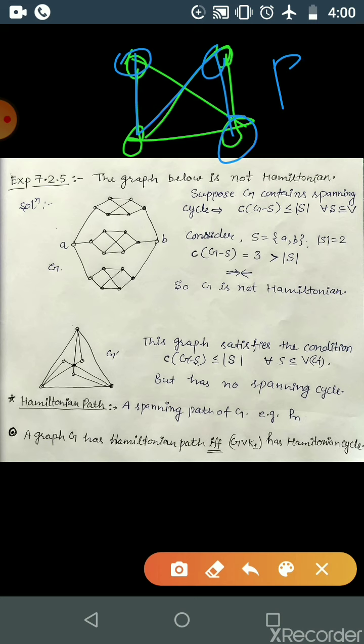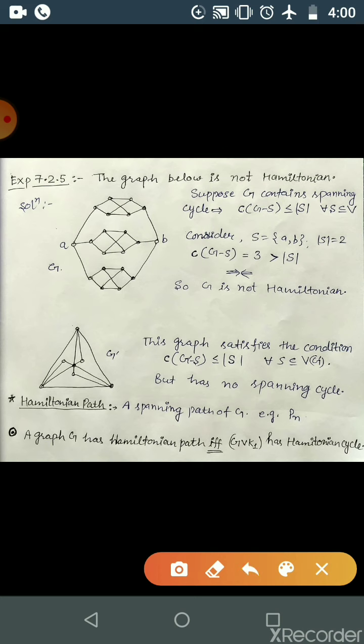And what about the reverse condition? Every Hamiltonian path may not be a cycle, correct? It will be a cycle if and only if we are able to join the first and last vertex. For example, G is here, we have Pn, a Hamiltonian path.